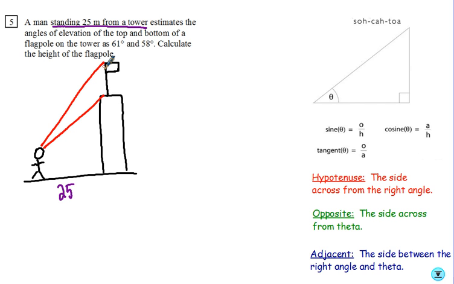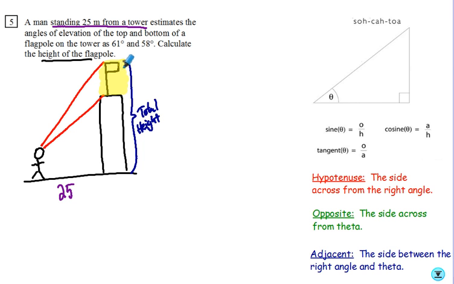And what we're looking for, it says calculate the height of the flagpole. So what we really want to know here is that there's kind of two measurements. One measurement is we've got the whole building, right? So think of that as the total height. But we don't want to know the total height of the building plus the flagpole. The only height that we care about is just this part of it. Just the height of the flagpole.